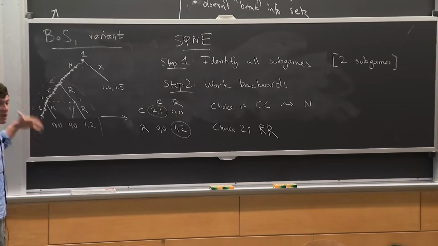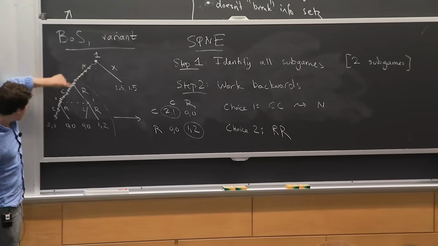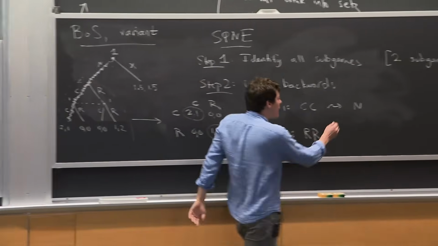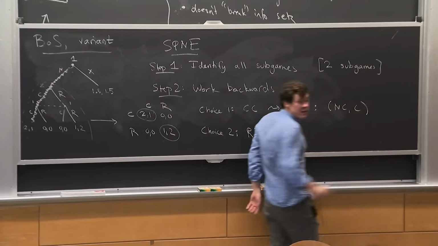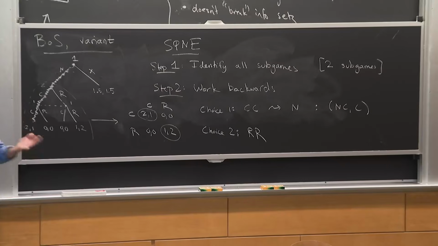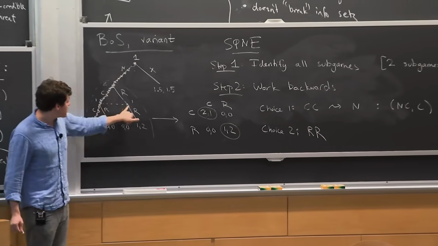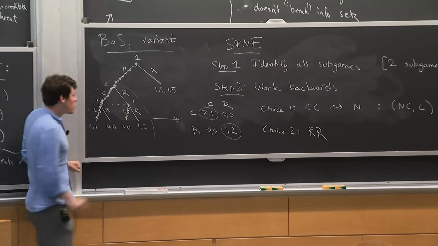Let's see, what is player 1's full strategy? Well, player 1 is going to enter here, and they're going to choose C down here. So remember, at the end, we want a strategy profile. So our strategy profile is going to be this, right? We have to list how player 1 is going to behave at every contingency. At this contingency, they're going to enter. At this contingency, they're going to play C, and I should have highlighted this as well.